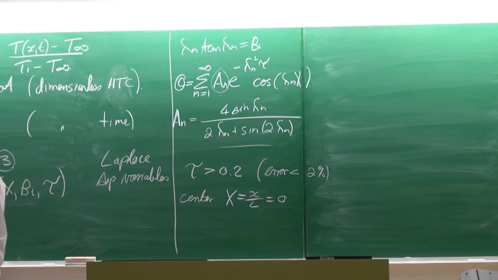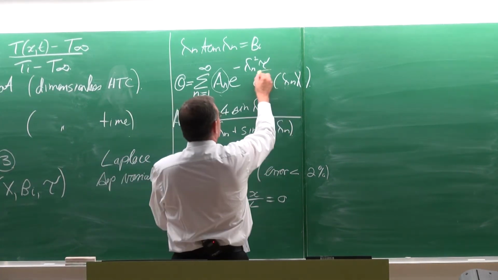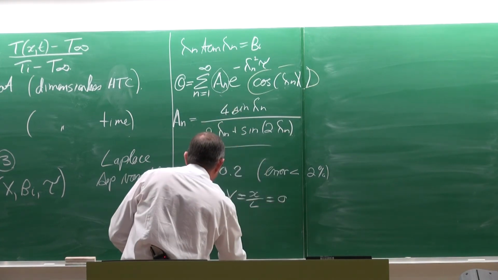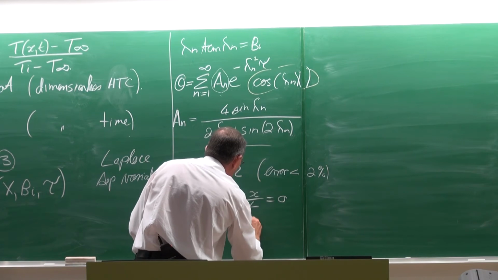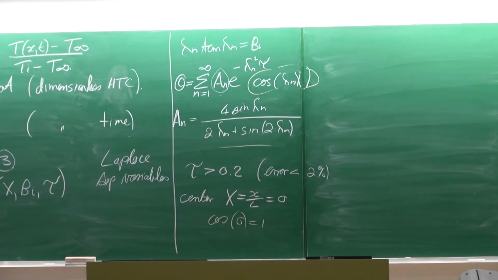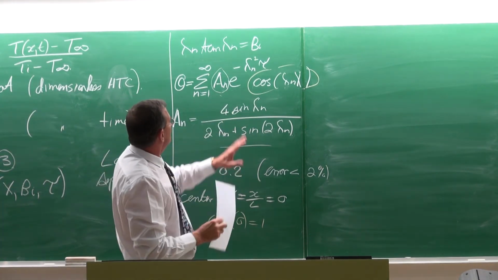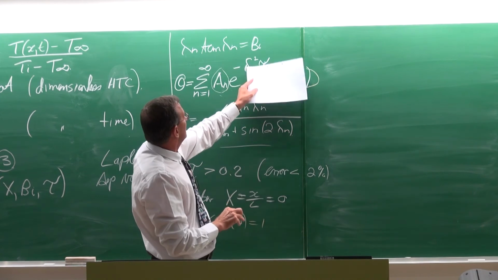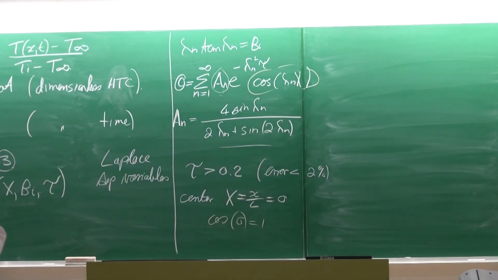Do you agree? Okay. And that term, the cos, would be the cos of 0, and that would be equal to 1. Therefore, if we are interested in the solution at the center, that part of the equation would disappear. It makes it easier for us in terms of the calculations that we need to do.